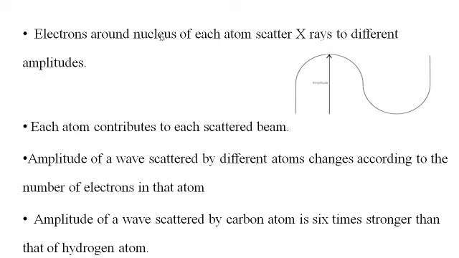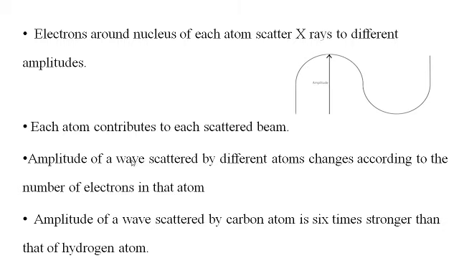Electrons that are present around the nucleus of each atom scatter the X-rays to different amplitudes. Just to help you revise what the amplitude is, I have put this wave structure. So this is the amplitude and this is the wavelength, as we have seen. Each atom contributes to the scattered beam.